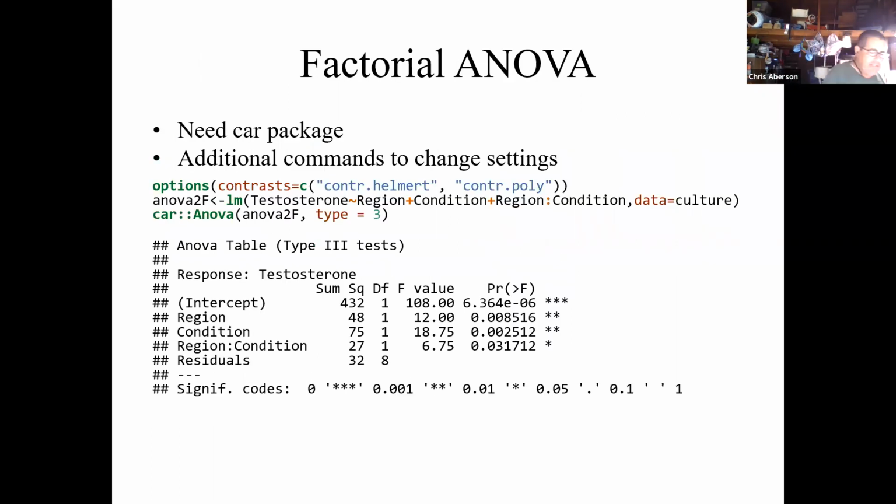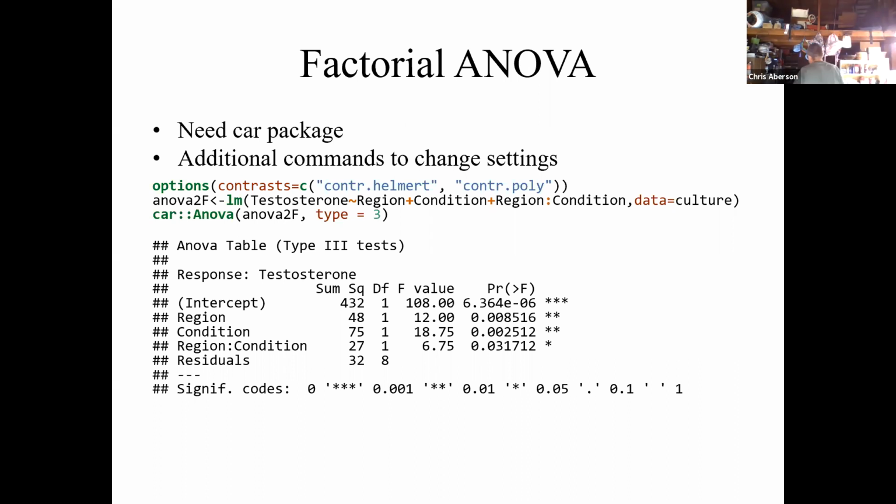All right, for factorial ANOVA, factorial ANOVA in R and in other statistical packages can be a little challenging because the study of interactions is really something that's very prominent within psychology, but not in other fields.